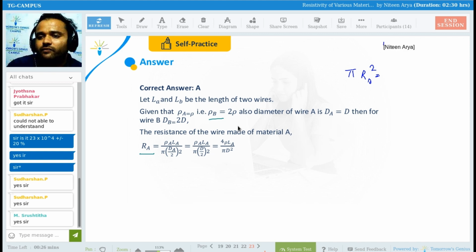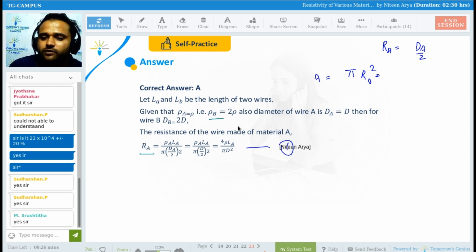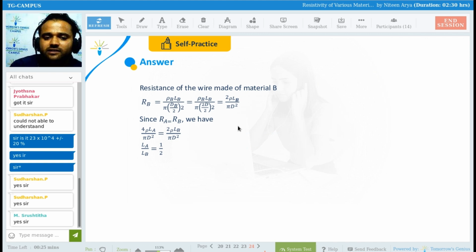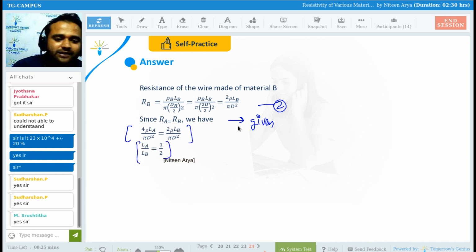Because the area is pi RA square, where RA is dA upon 2. Putting that in, you get equation 1. Similarly, you get equation 2. As RA and RB are equal, making them equal gives LA by LB. That is how you need to do it.